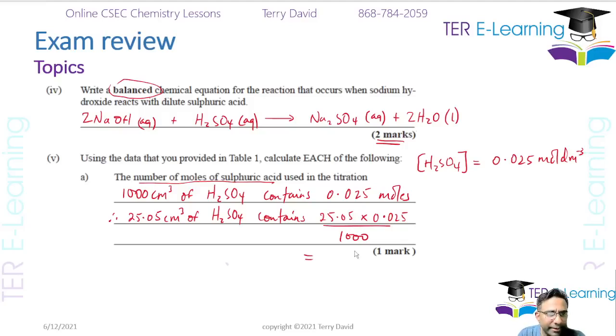So what I am getting here is, you all try to work it out and see if you can get the same answer for me. 0.000626 moles. Right? Just let me know if you all get the same answer. Some of you all may write your answer in standard form. If you do, it's going to be 6.26 by 10 to the power minus 4.